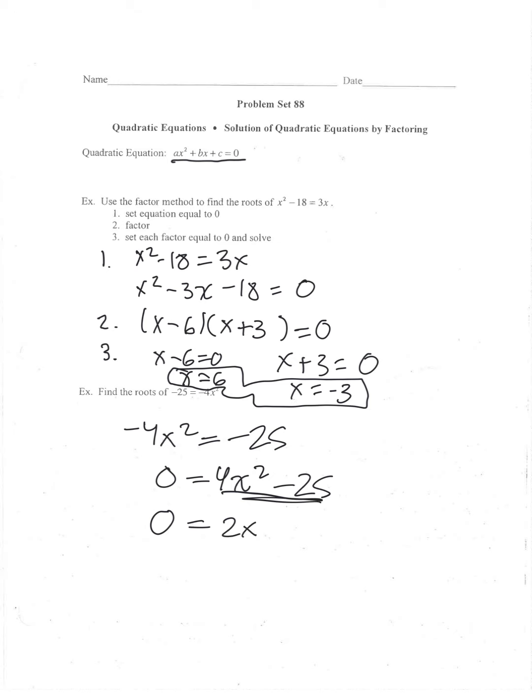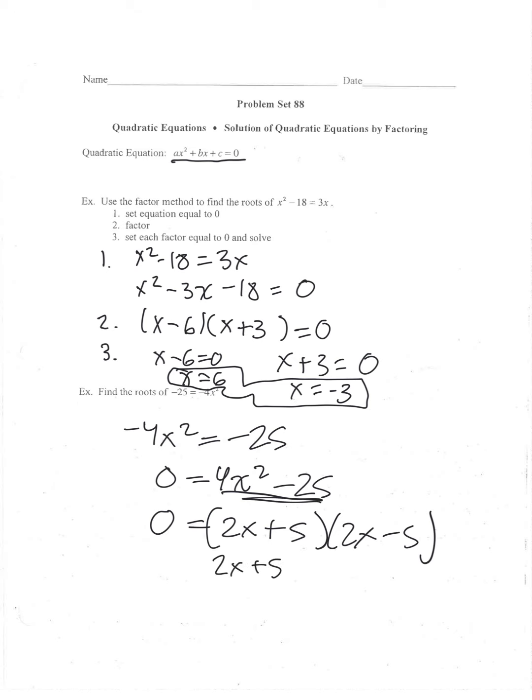Because it's a difference of squares, that middle term would be a 0x. So we handle it like so. And then finally, all we have to do is factor this out, and set each factor equal to 0.